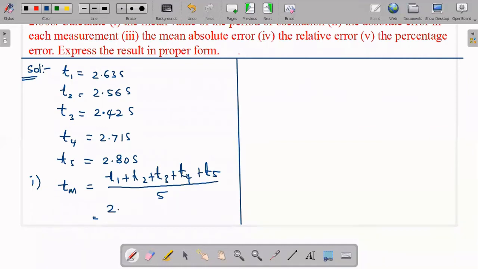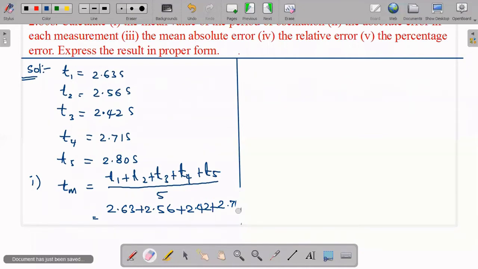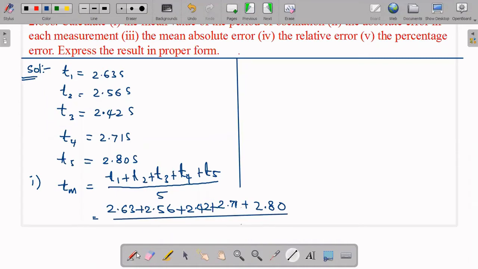So 2.63 plus 2.56 plus 2.42 plus 2.71 plus the last one, 2.80, by 5, because there are 5 values. Can you simplify this? I'll continue on the right side. Just simplify it.